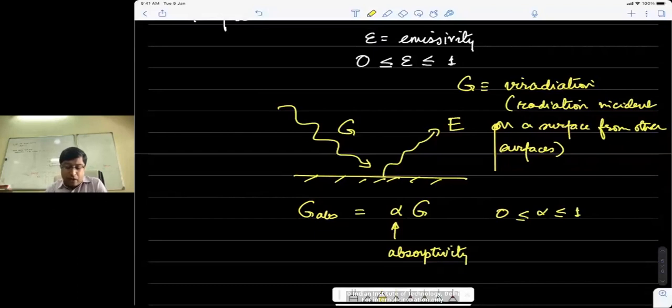More importantly, alpha also depends on the nature of this irradiation.